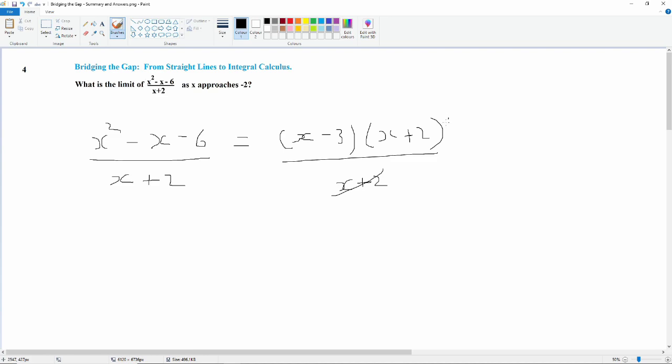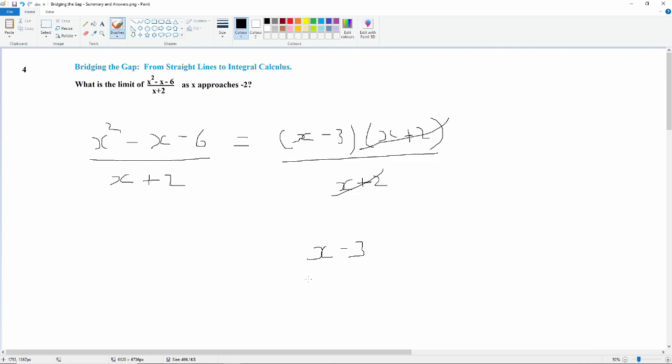Cancel, cancel, because we know x is not going to be negative 2, but we're looking for the limit as x approaches negative 2. So our curve y equals x minus 3 is a straight line, which can also be called a curve, believe it or not, and that will give us our estimation of where y should be at x equals negative 2.